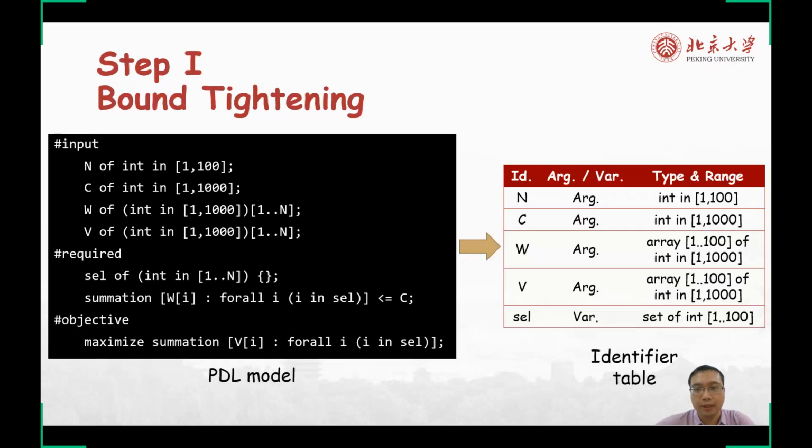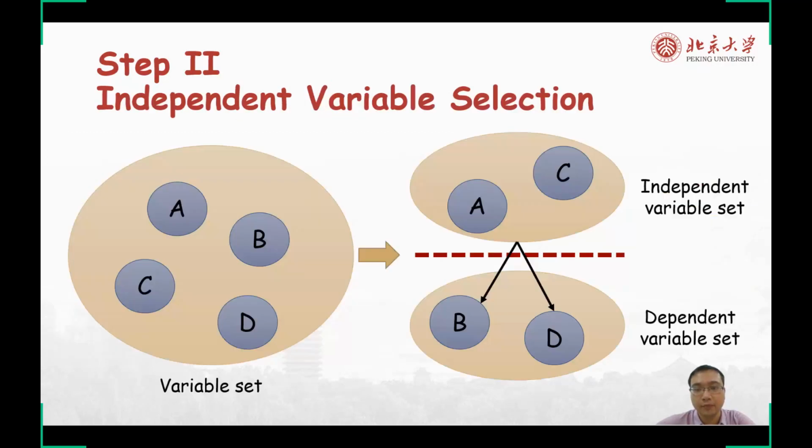The first step is to extract the identifiers from the PDL model and reduce the specified value ranges of variables in order to shrink the search space. The second step is to find the minimum independent variable set among all variables.